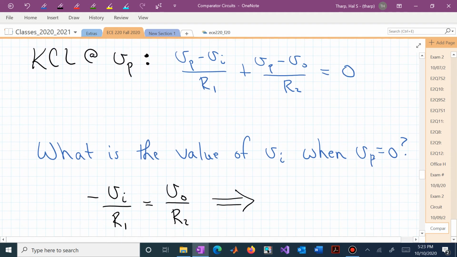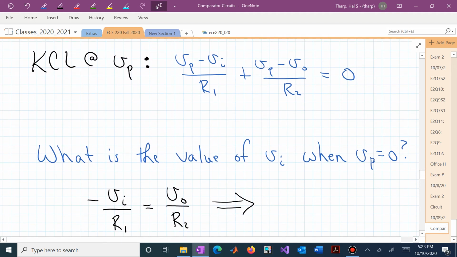Well, setting V sub p equal to 0 and moving the second term to the other side by adding V sub 0 over R sub 2 to both sides, we now have negative V sub I over R1 equaling V naught over R2.